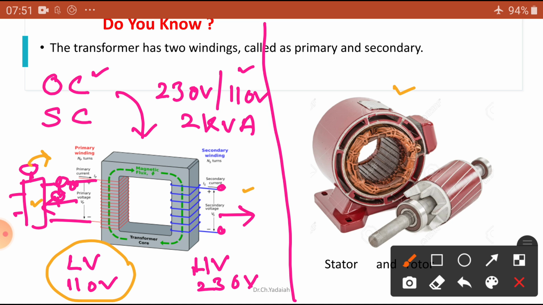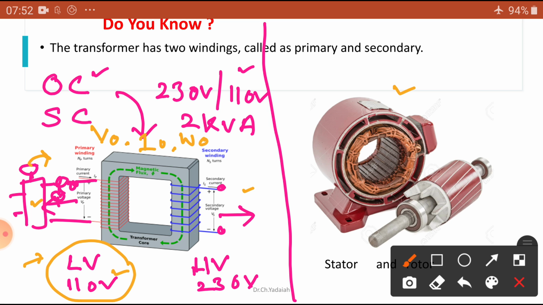Now initially give the voltage to the primary in steps, slowly up to 110 volts. Then take the voltmeter reading V0, the ammeter reading I0, and the wattmeter reading W0. These are the no load, that means open circuit test results.